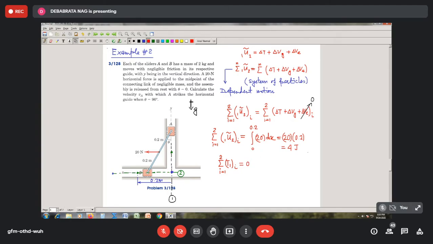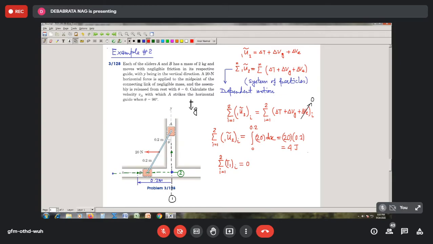Now comes the condition of 2. Before I evaluate the condition of 2, let me see, supposing it is at some arbitrary angle, say at this position, theta, correct? What would be the relationship between the two velocities here?